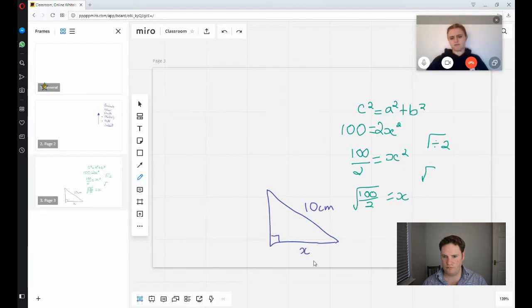So square root of 50, which is 7.07. Okay. So that's what x is.